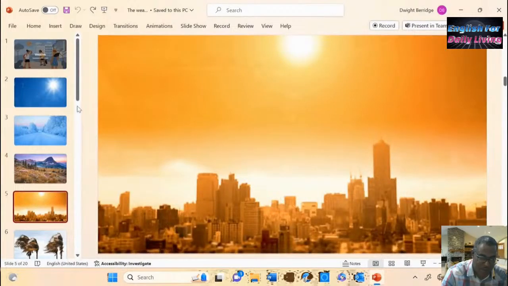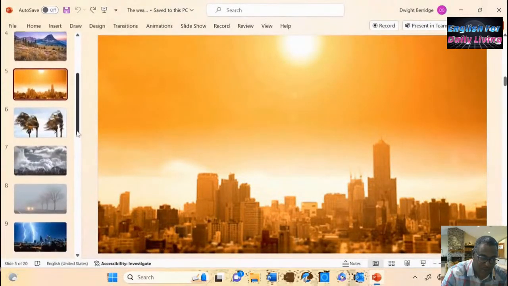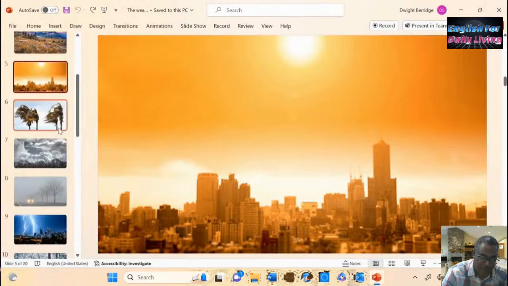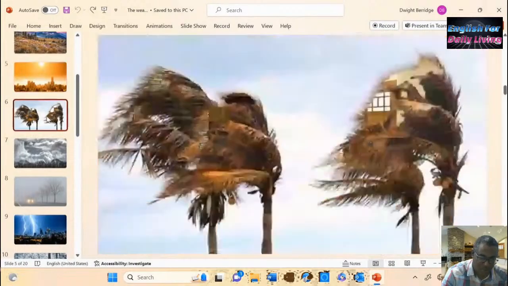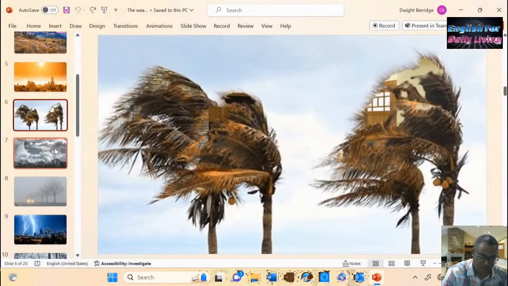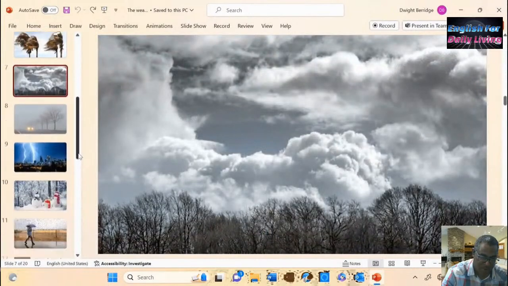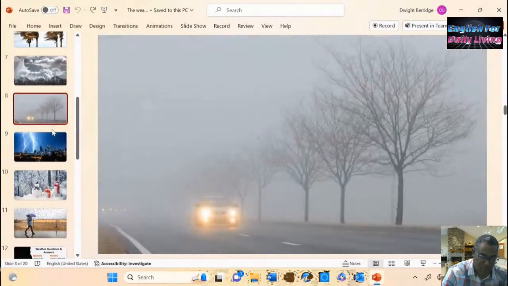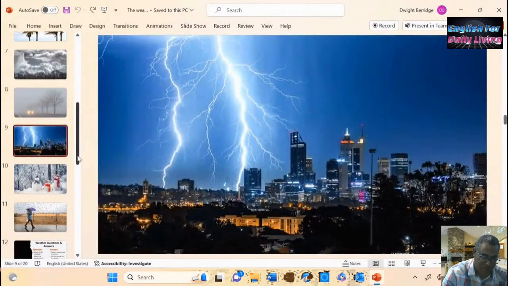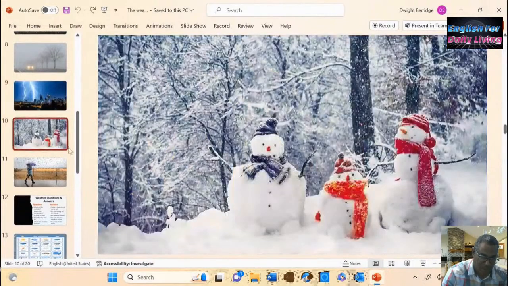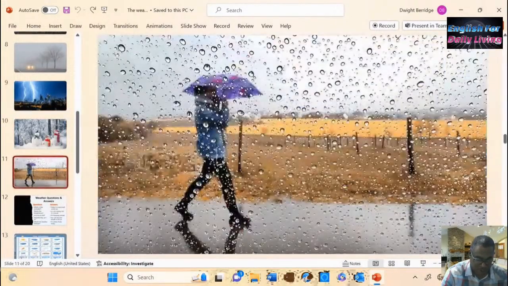This one is another stunning photo of a particular city with weather condition. How about this one? And this. What about this? And finally, this one.